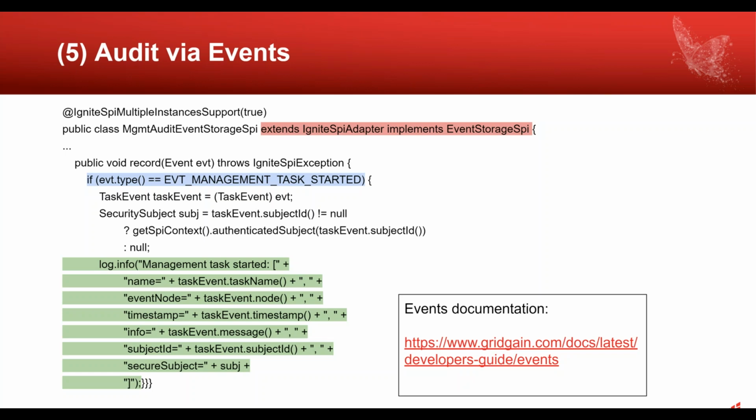Using this method, you can take the ID of some task, like you see on the screen, and get the security subject instance that contains information about the user. It contains the name of the user, the session ID, and other information about the user who started this task.